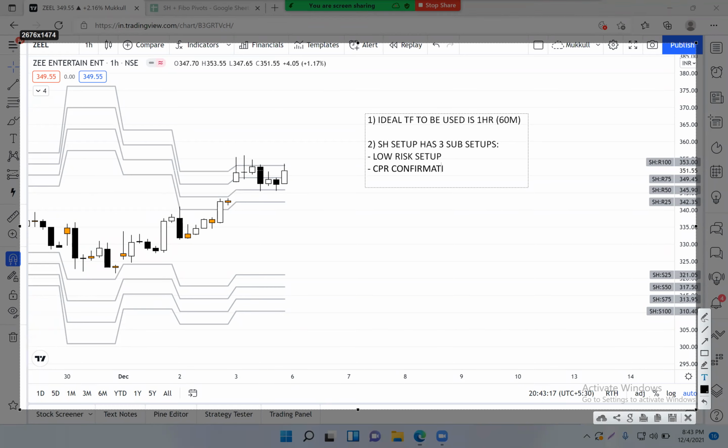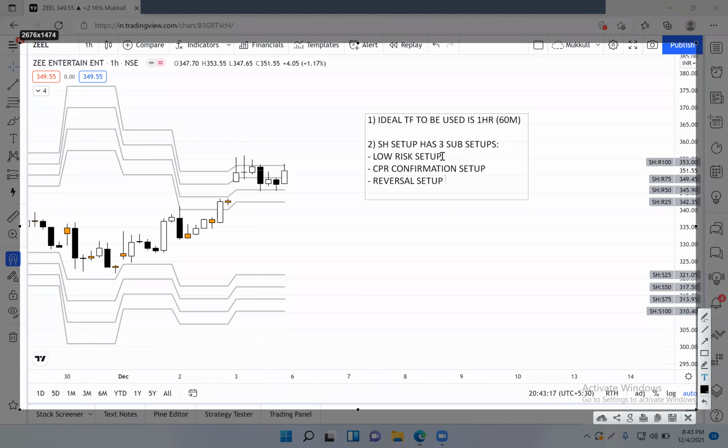And third, what should we name it? Like the ultimate reversal, or let's say the reversal setup.